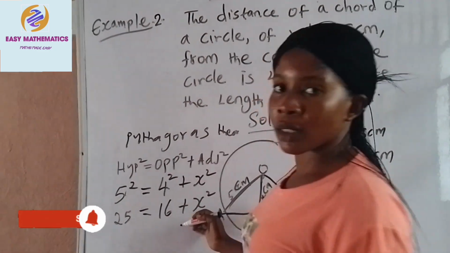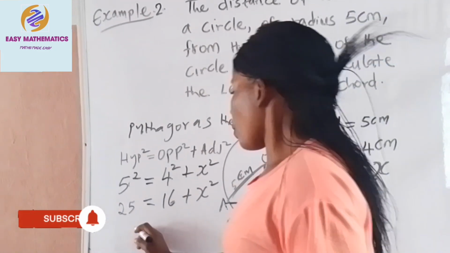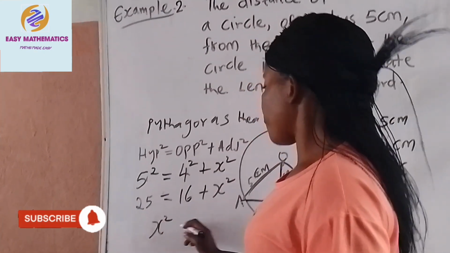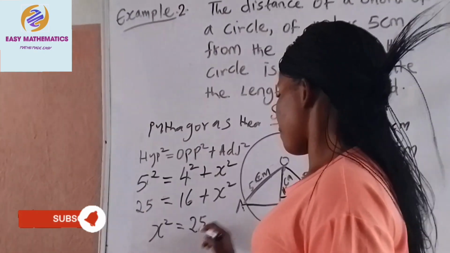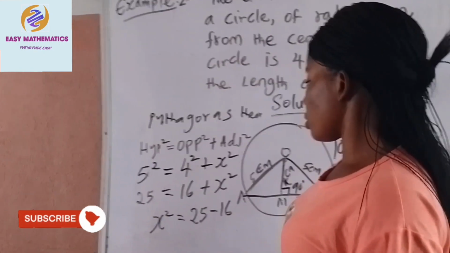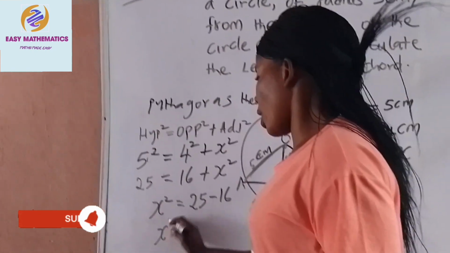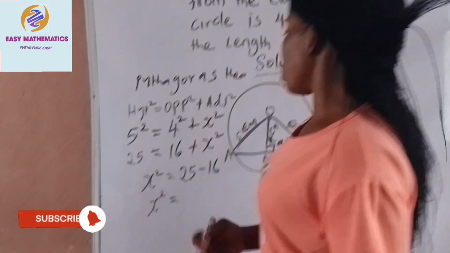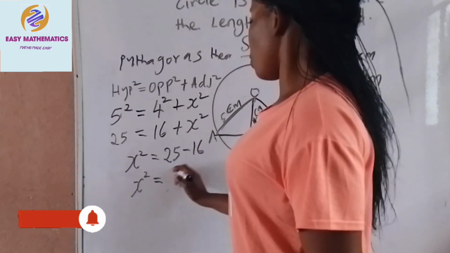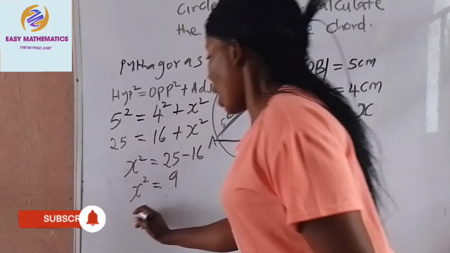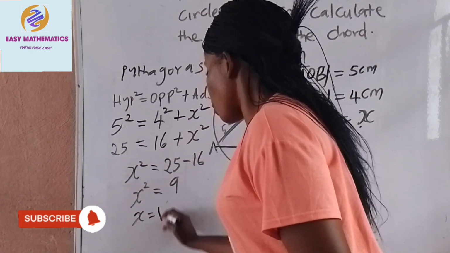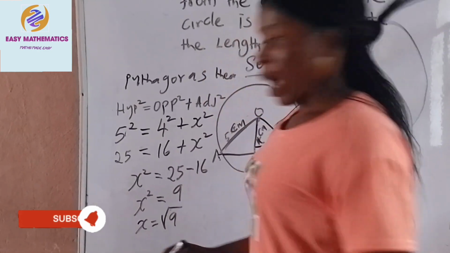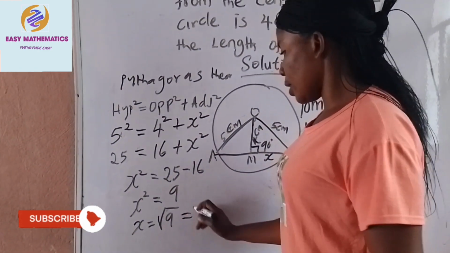Making x squared the subject of the formula, we have that x squared is equal to 25 minus 16. 25 minus 16 gives us 9. So x is equal to the square root of 9, and the square root of 9 is 3.